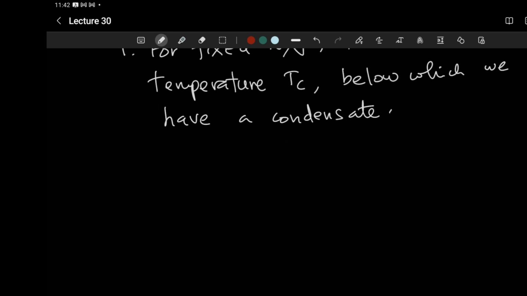Okay. So now we can ask, maybe I should do it with respect to T. So we have a Tc, and then we can do fraction or whatever.